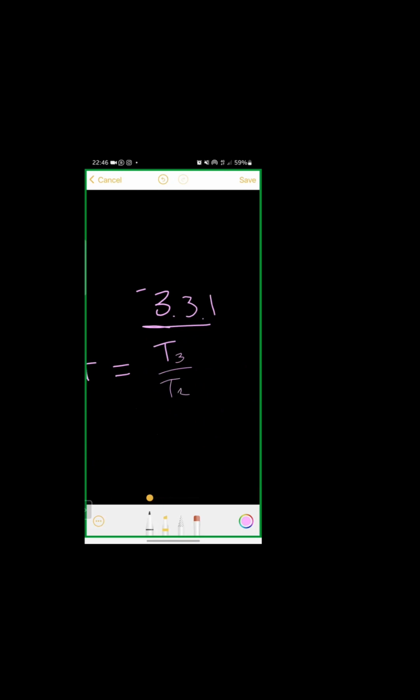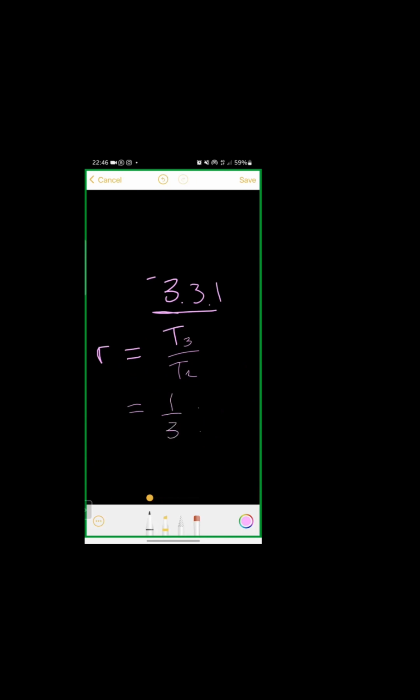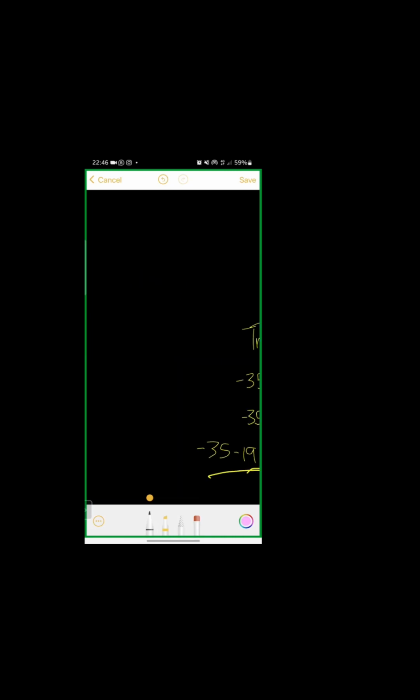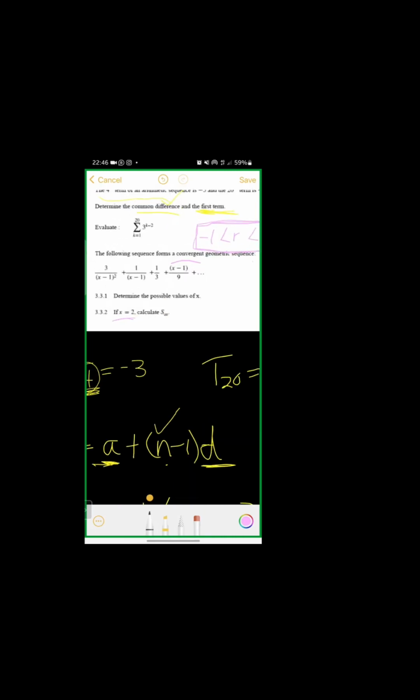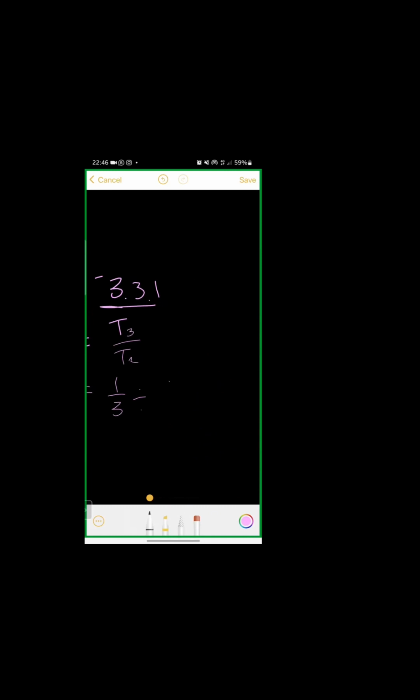Now since we are dividing a fraction by a fraction, let's write it in linear form, I guess. So 1 over 3 divided by 1 over x minus 1, right? We have division, so we flip and times.